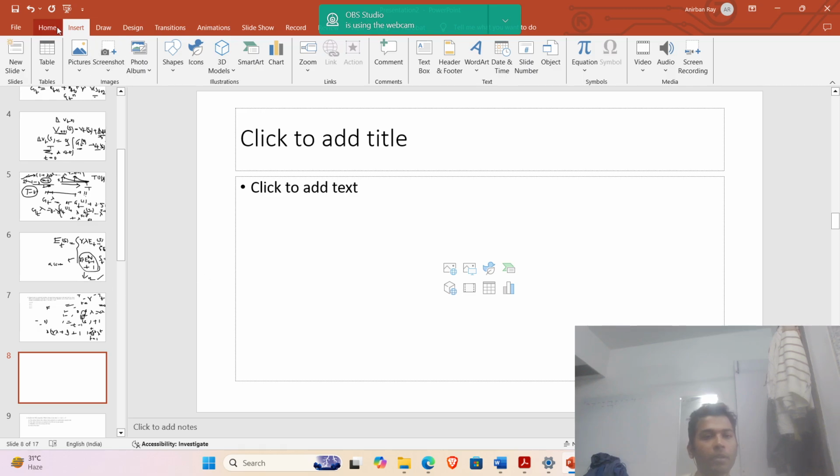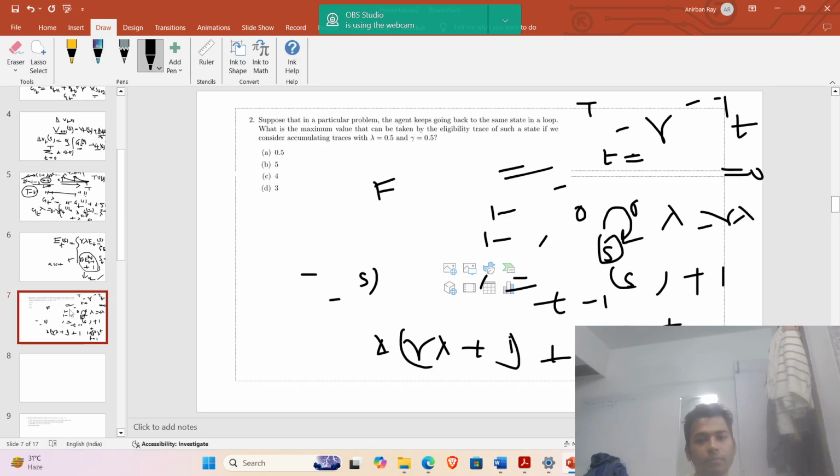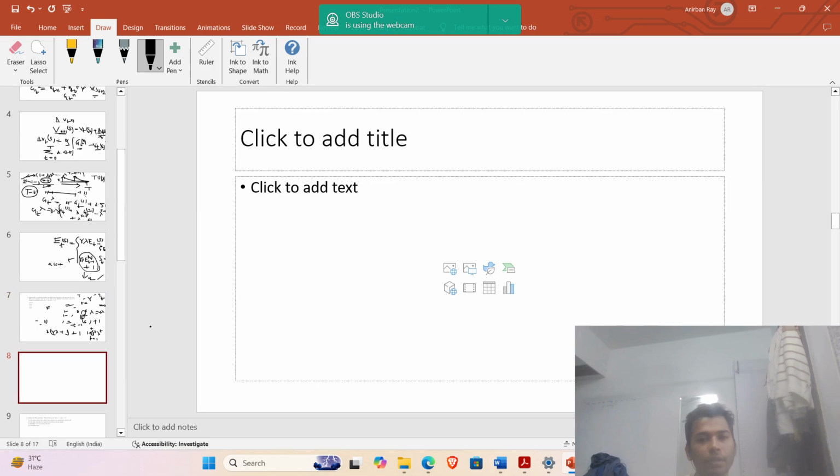So what I do now is this: E_t(s) equals gamma lambda times E_{t-1}(s) plus 1, right? So this is our recurrence relation.